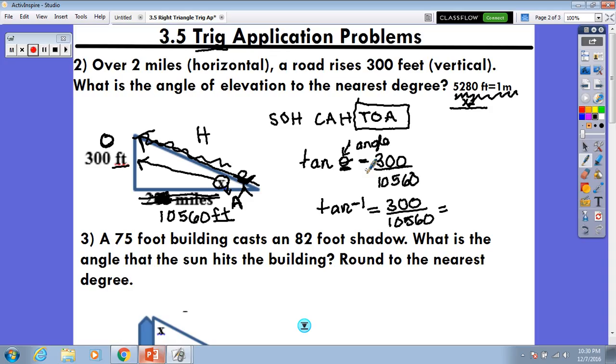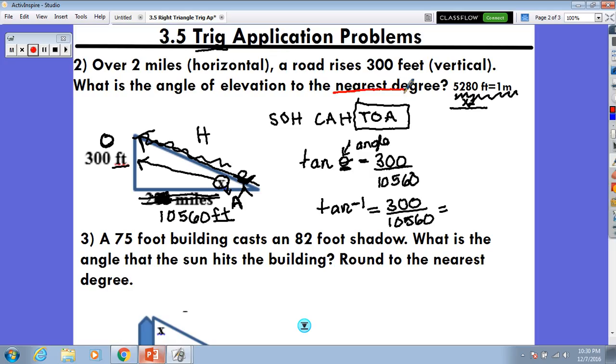So I hit enter. And notice up here, because you always have to look at the question to figure out how you're going to round. They said we need to round to the nearest degree. That means they don't want any decimals. They want it to be a whole number. So if I round this to the nearest whole number, then I should have 2 degrees.